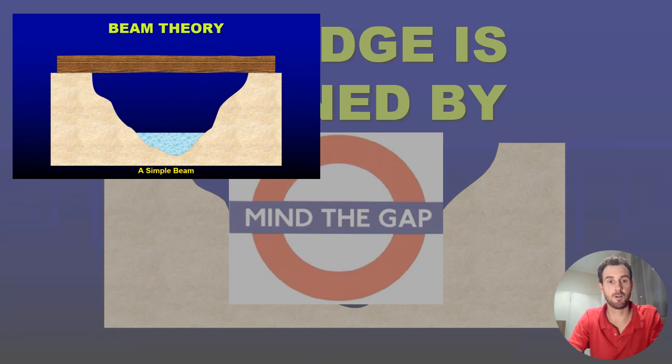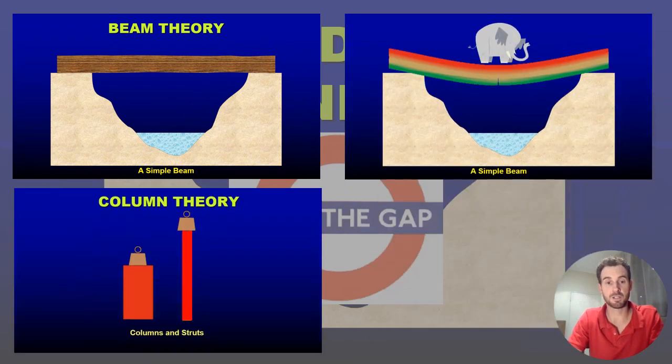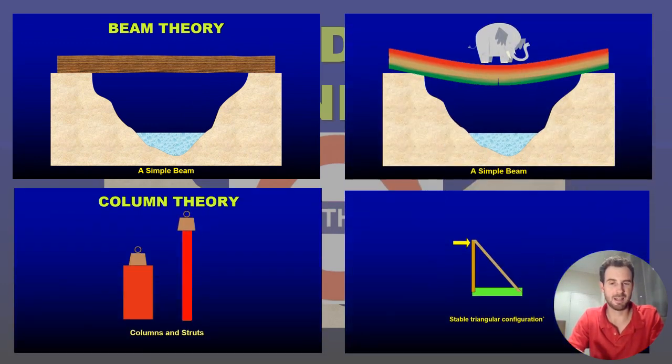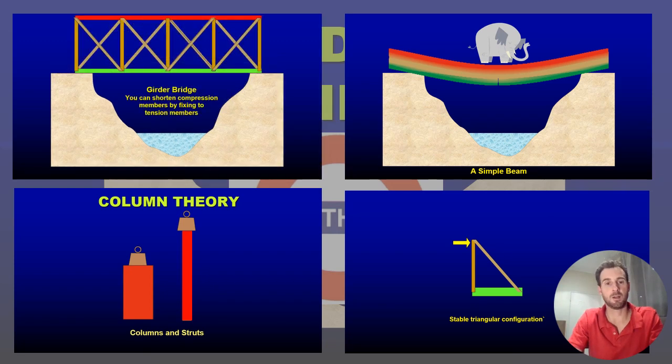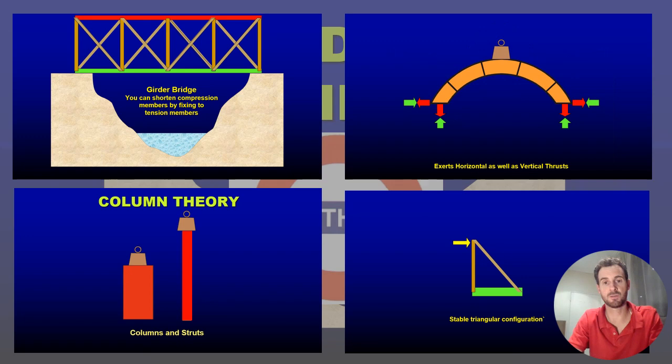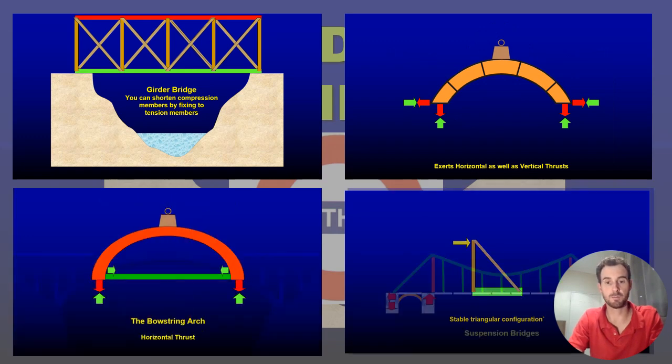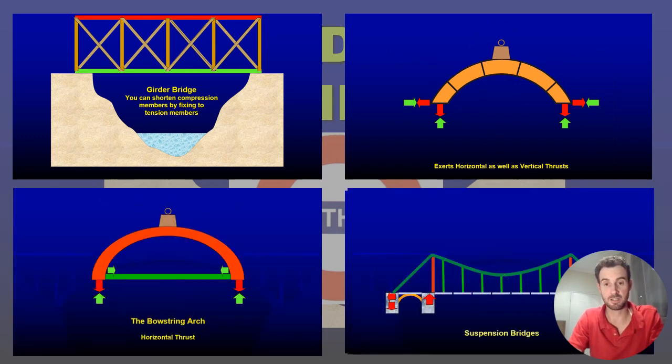We look at the idea of what is a beam, what is a column, and the ideas of triangulation. We also look at different types of configurations of bridges, so a girder bridge versus an arch, introducing bows and suspension bridges. These are all just ideas to help the learners think differently about how a bridge could be constructed.